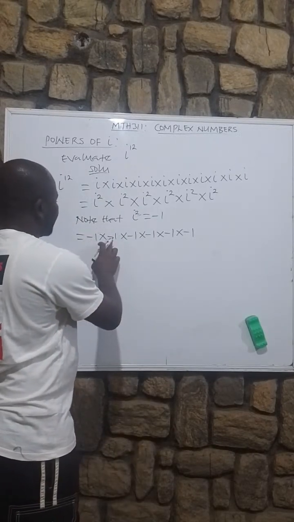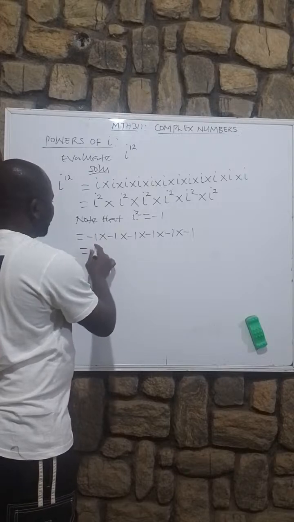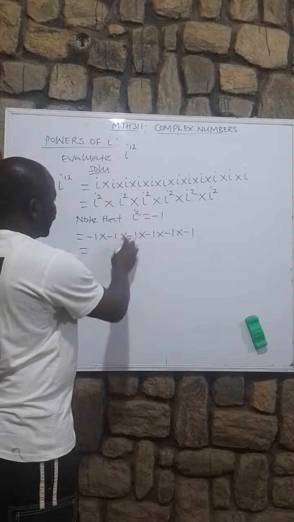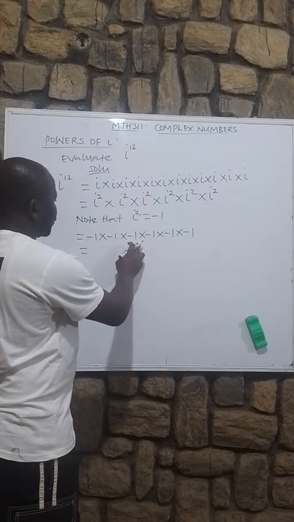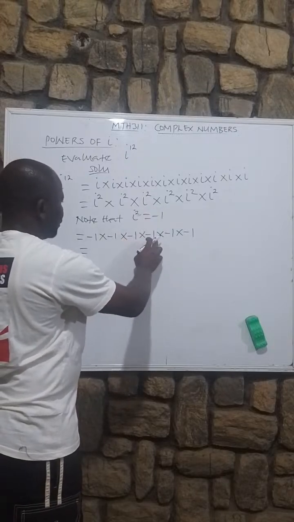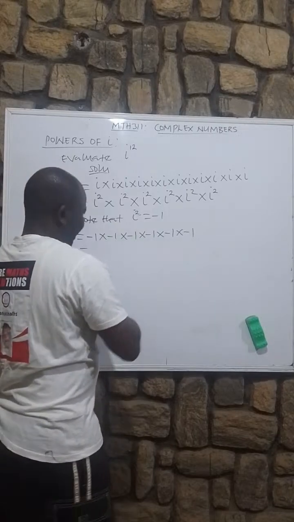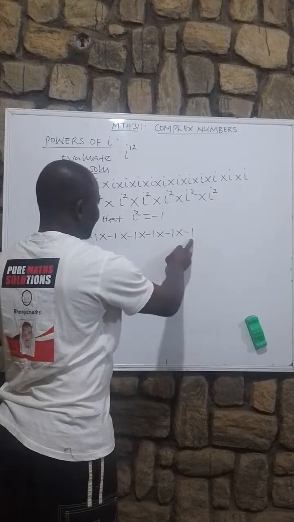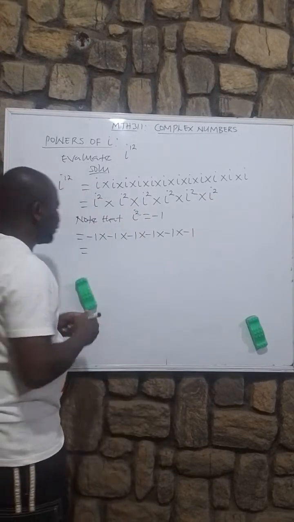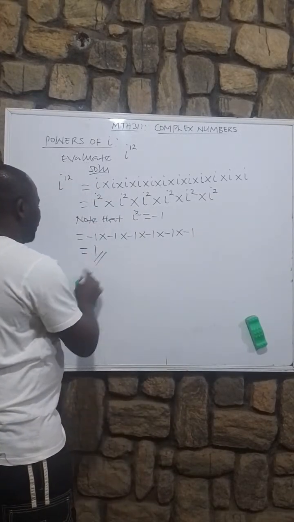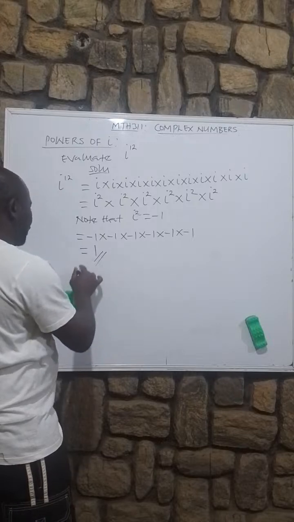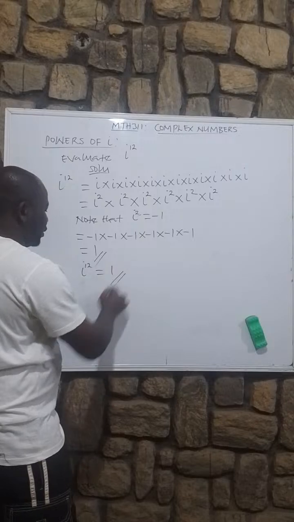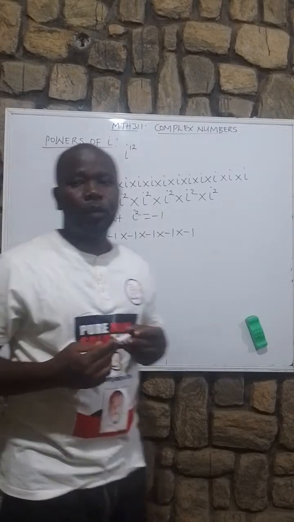Minus times minus is plus 1, times minus 1 times minus 1 gives plus 1, and so on, until we get plus 1. It implies that i raised to the power of 12 is 1.